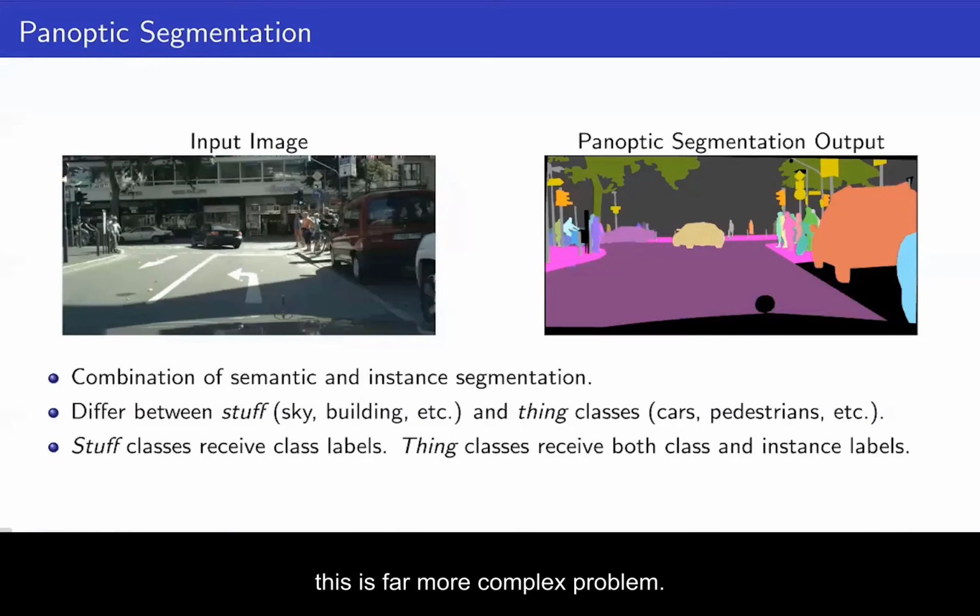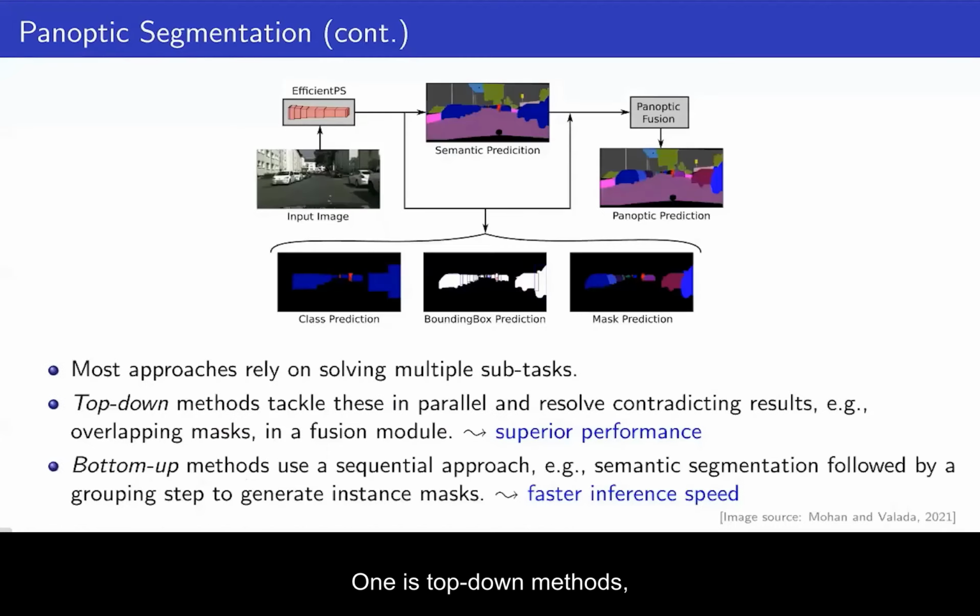So if you think about this, this is a far more complex problem. Now we are trying to take instance segmentation, which is an already complex task, and we are trying to combine it with semantic segmentation to yield a coherent scene perception of the environment. Okay, so panoptic segmentation methods can again be categorized into two.